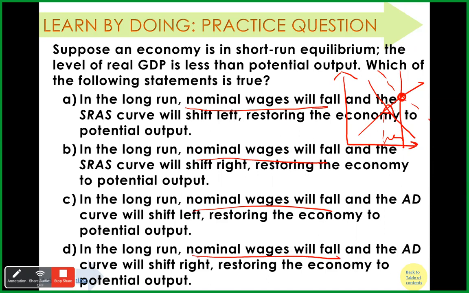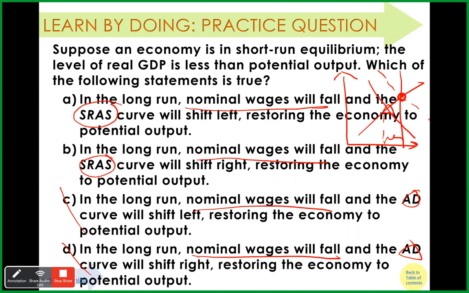Now let's see what happens next. The fall in nominal wage is going to have implications on short run aggregate supply. So this narrows down to A and B, because the others are talking about aggregate demand. Short run aggregate supply will shift to the right because of the nominal wage fall.